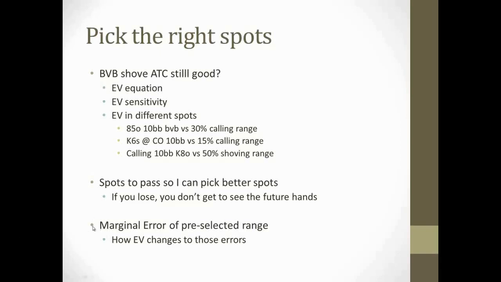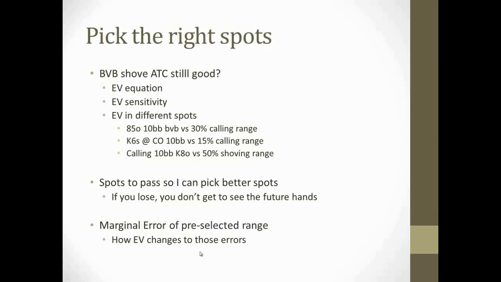And yeah, the third one is marginal errors of pre-flop range. This is really important because even though people use HUD a lot when they play, HUD doesn't show what kind of range people are really calling with or really shoving with.